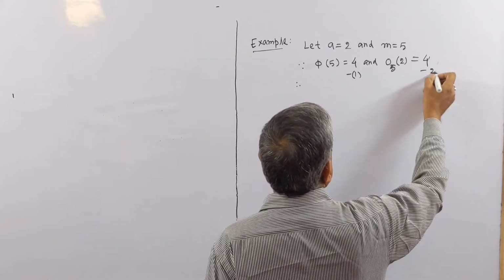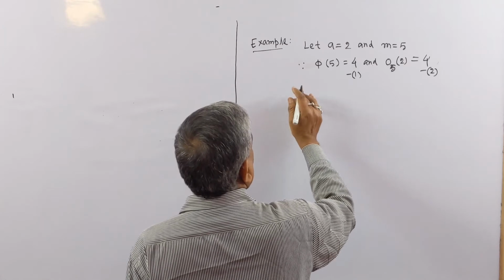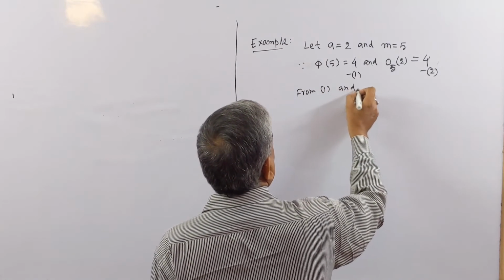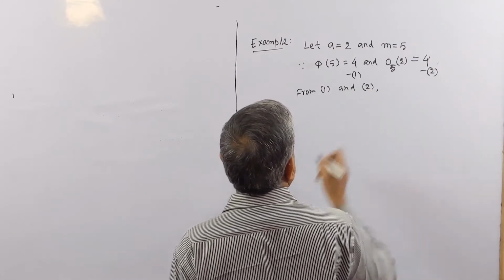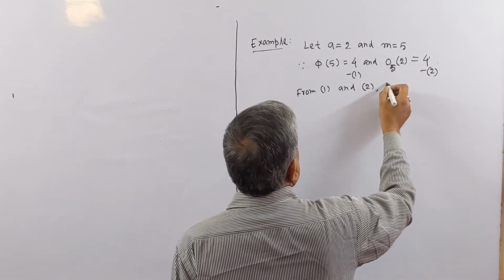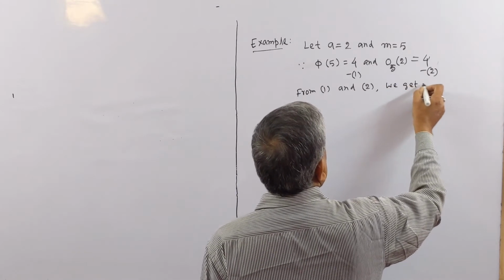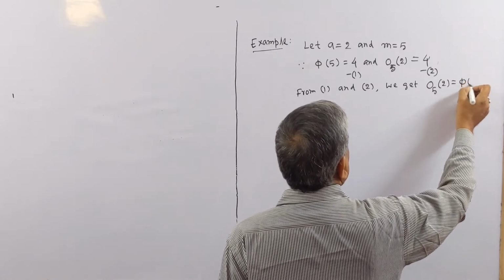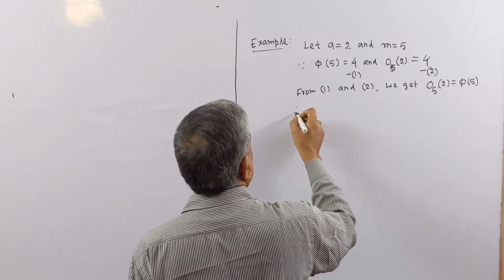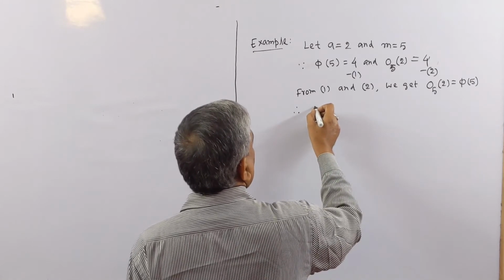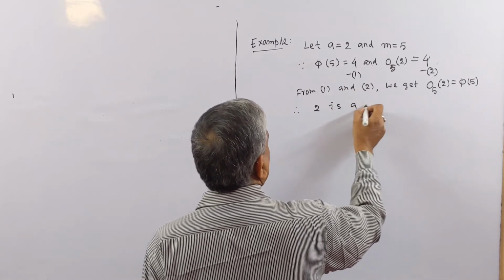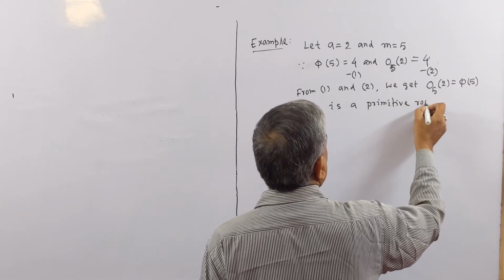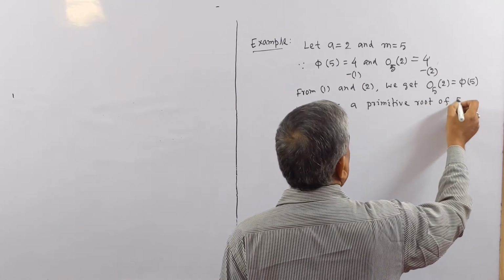This is number 1, this is number 2. From 1 and 2, we get order of 2 modulo 5 equals phi 5. Therefore, 2 is a primitive root of 5.